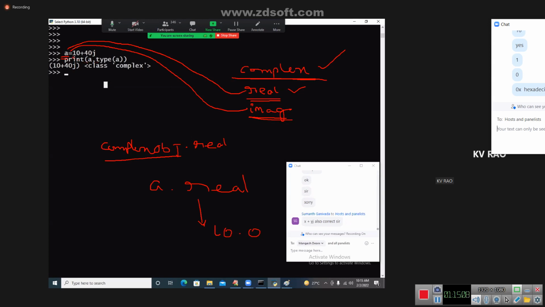Even though 10 is integer data, when it is printed on the console, it will print 10.0. A dot imag will print the data as 40.0.